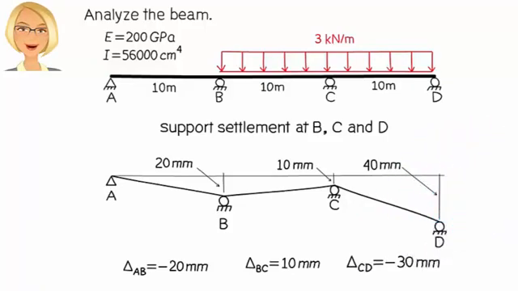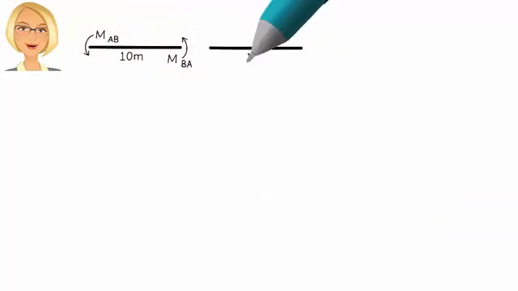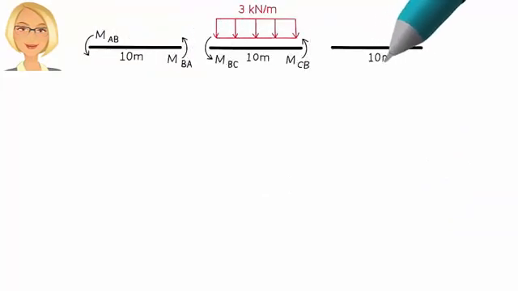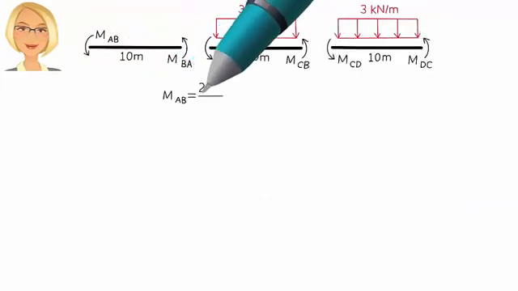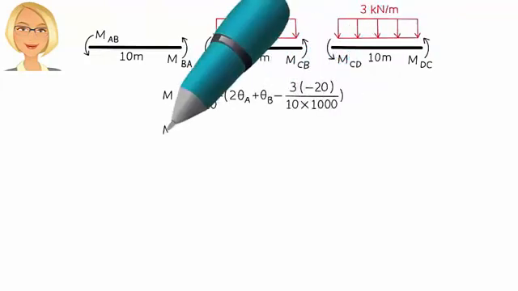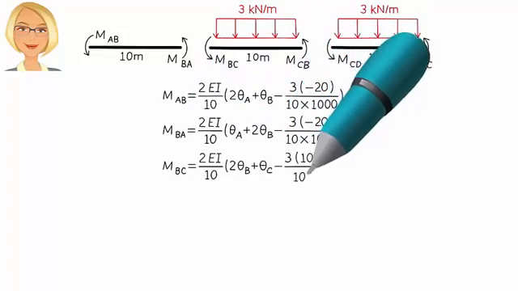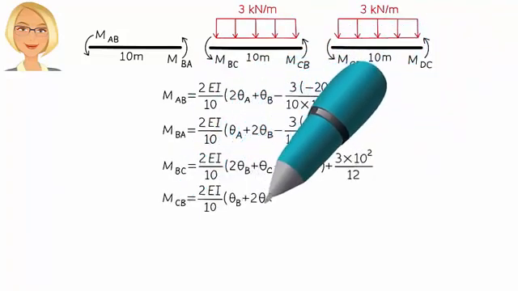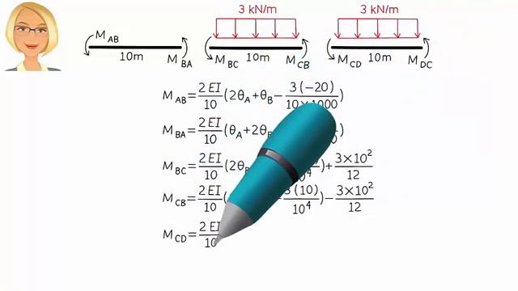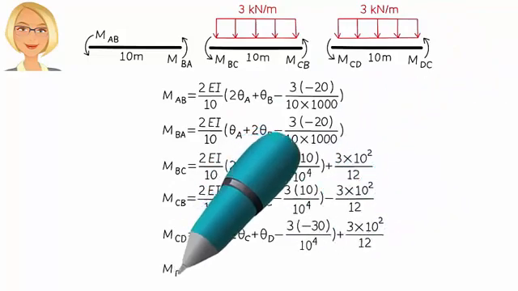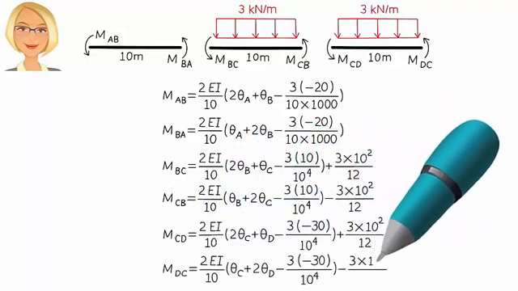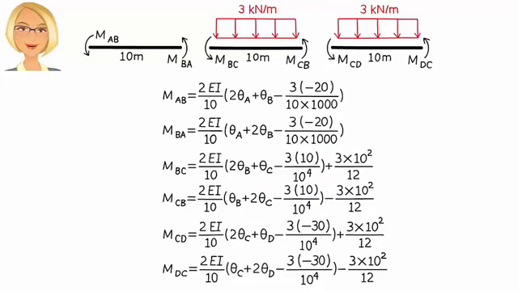Now, if we write the slope deflection equations for the 3 beam segments, we get. Then, the joint equilibrium equations can be written as.